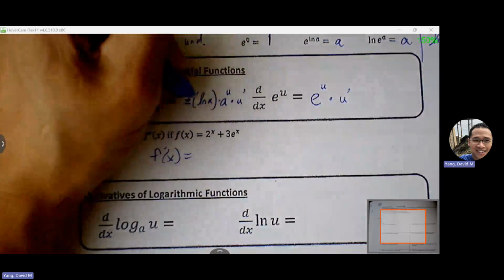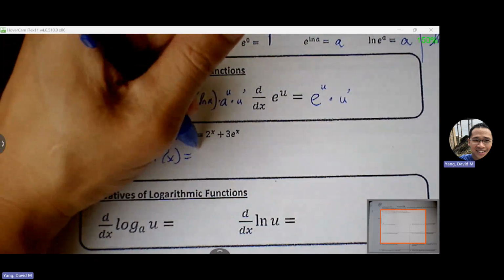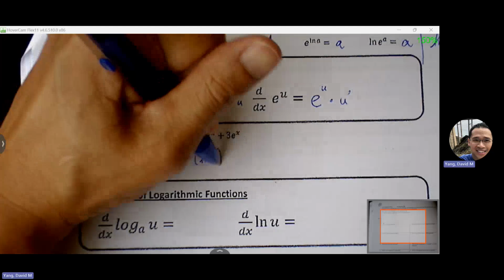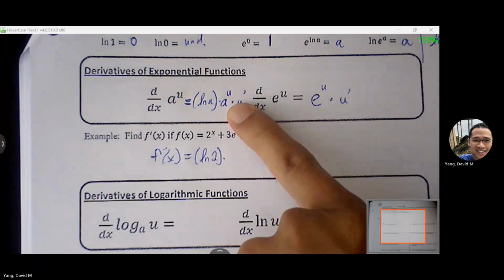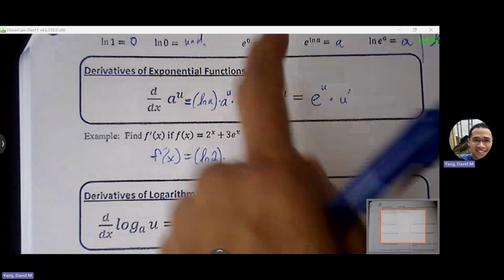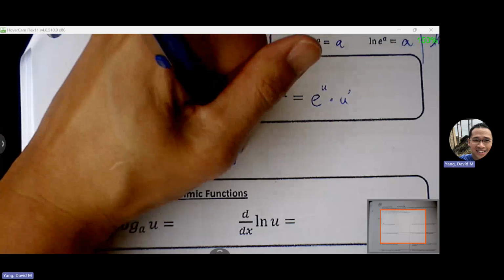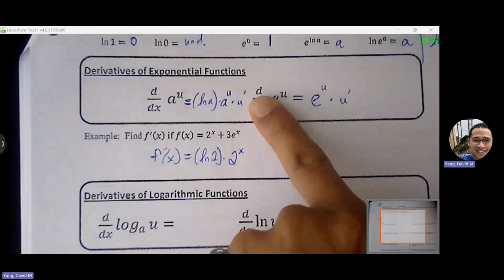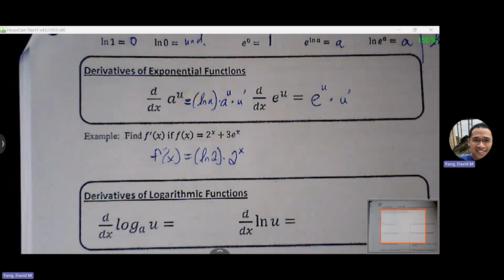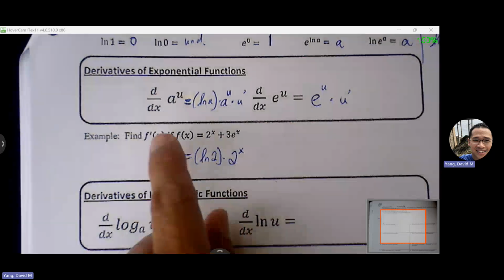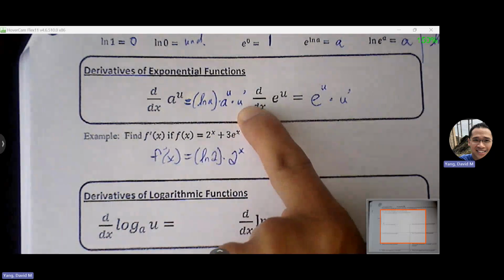So what starts off? This starts off as what? Natural log of 2 times 2 to the x times what? Times 1. So you can leave that 1 alone. You don't have to put that 1 down. I just always want us to look for that u prime, even if it is nothing more than the 1.